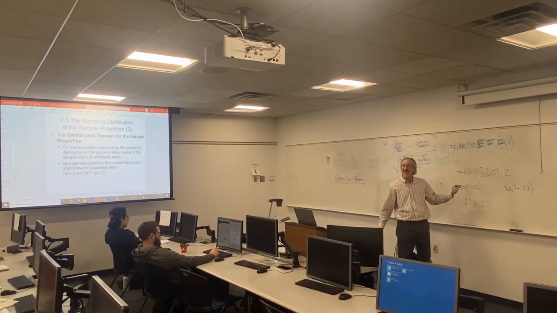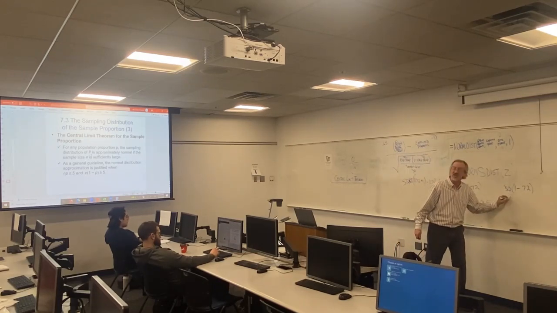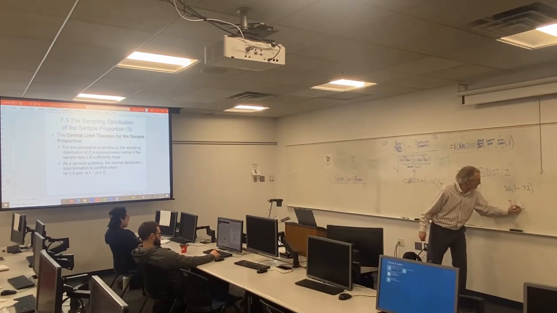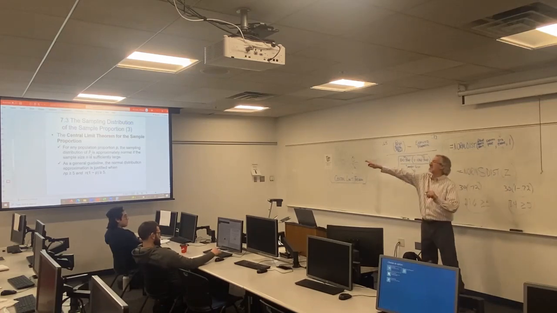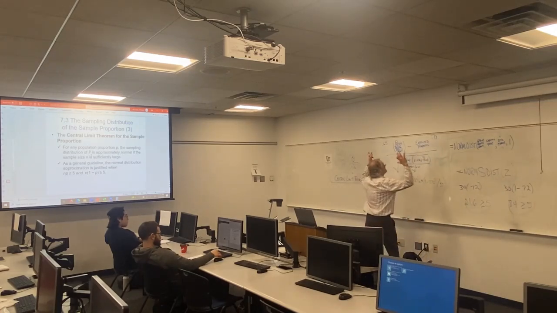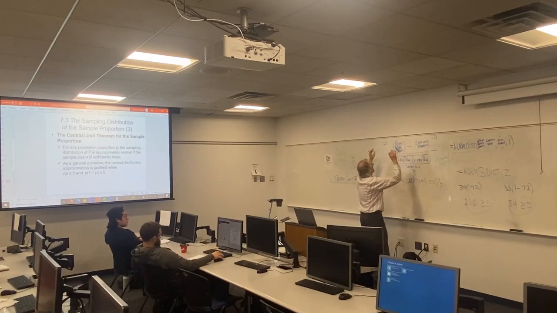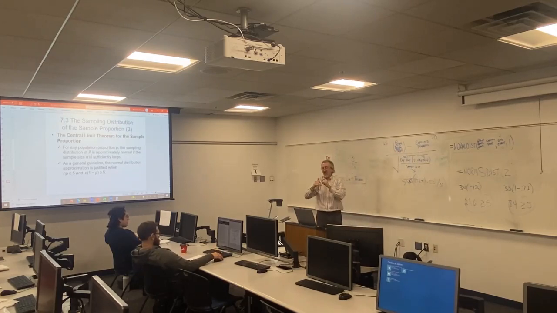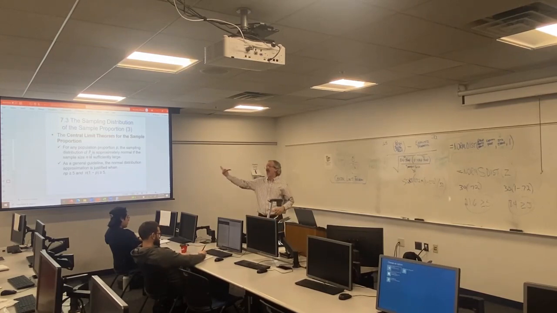So we're okay with that test. 28% of 30 is what number? 8.4. 8 point what? 4. 8.4, which is also greater than or equal to 5. Both tests work. That means we could easily apply the central limit theorem, and we could find the probability of us walking into that room reporting 65% or less. That's what the central limit theorem means.